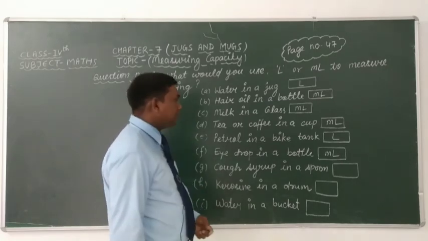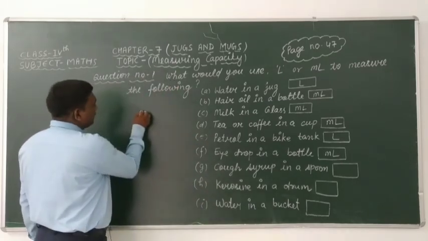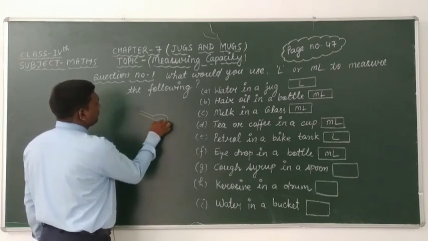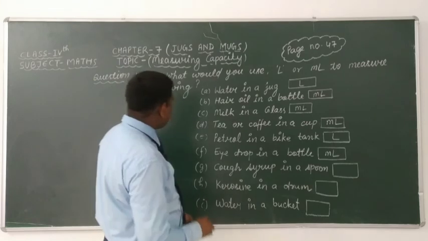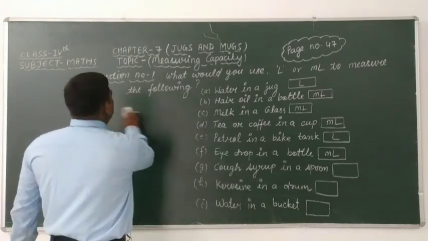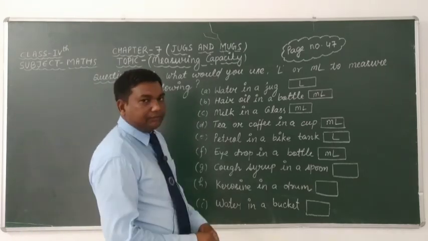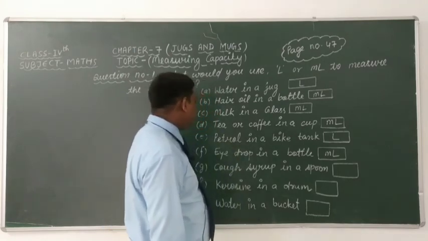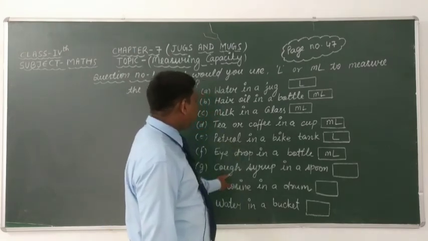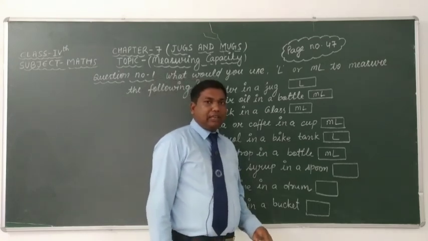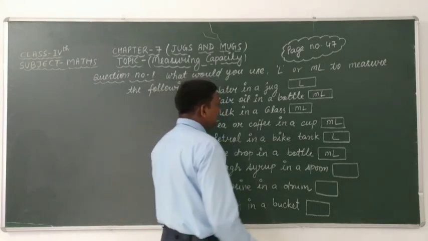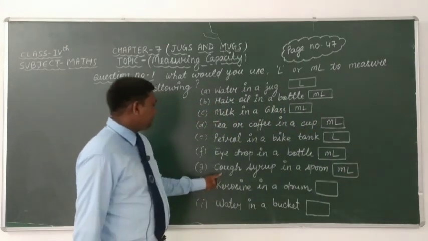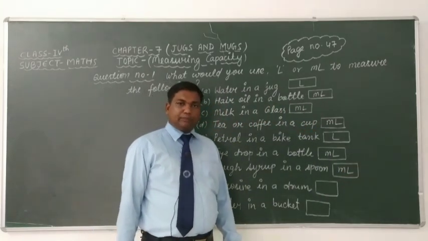We know that a spoon has a smaller quantity of cough syrup. Therefore here we use milliliter for measuring cough syrup in a spoon.